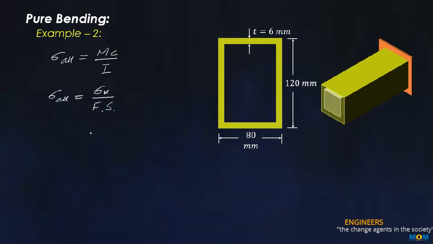Now here the ultimate tensile strength, that is 415 megapascal, upon the factor of safety, that is 3. So after solving, the sigma allowable is going to be 138 megapascal.